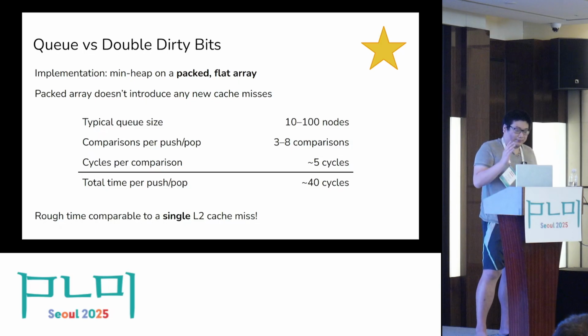And because each comparison is 5 cycles, the total time per push or pop is 40 cycles, which is a single L2 cache miss. This means as long as the baseline state-of-the-art algorithm has a single auxiliary node for each dirty node, we are already on equal ground. In real life, the state-of-the-art algorithm has many more auxiliary nodes, so this means we are winning in real life.